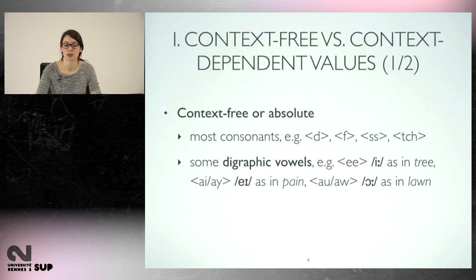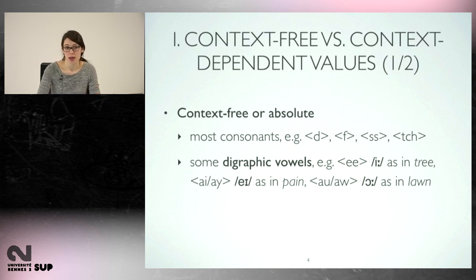That's the case for double E, for instance, which is found in tree, and which is always pronounced as the long vowel E. The same is true for the AI or AY digraph, given that I and Y are used in different contexts, but they're equivalent. This grapheme is almost always pronounced as A. That is, its regular value is A, and it only has one regular value. It's found in pain, for instance.